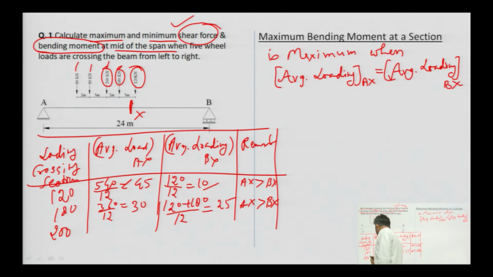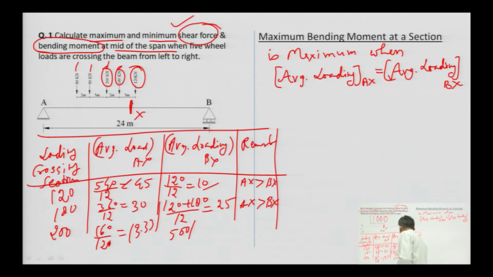The next load is 200 kilonewton. So, what will be the loading here? It will be 160 divided by 12, not 120, divided by 12, so it is 13.33. And in XB we will have 120 plus 180 plus 200, which means 500.